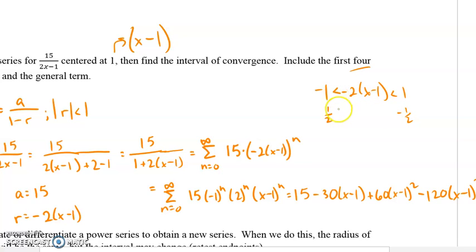Oh, it's a negative, so we'll flip those less thans to greater thans. And then we've got our x minus 1 is the only thing that's left. Adding 1 to everything, I'll find that we get 3/2 is the big end of things, and positive 1/2 is the small end of things. Our interval of convergence is 1/2 to 3/2.